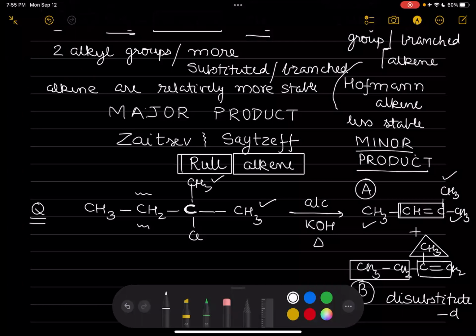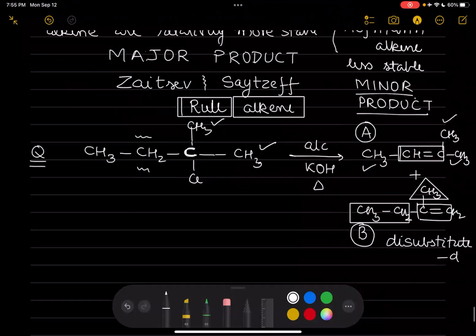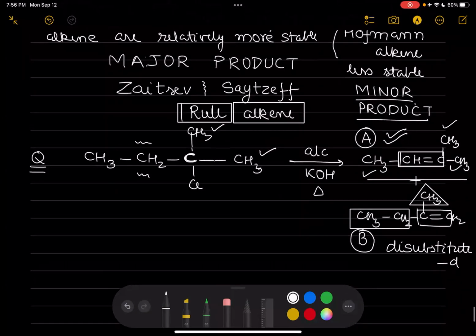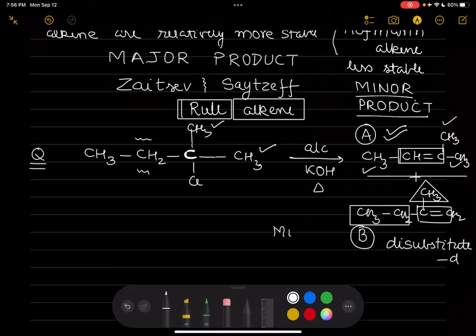Is it clear? Yes, sir. So this A is going to be the main answer. Suppose nothing is given, you write the main answer only. Imad, Rayan, is it clear? Yes, sir. That is very, very important. So A is the major product, B is the minor product, formed in less amount. Clear?